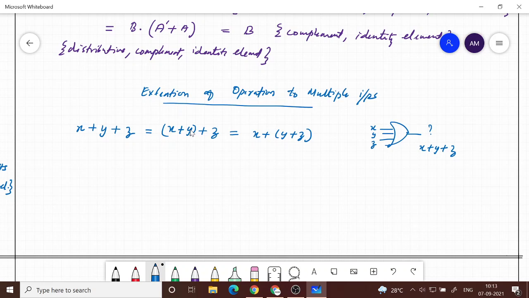Okay, that is necessary. If it doesn't satisfy the associative property, you cannot do that. This we have already proven. This is our associative property.